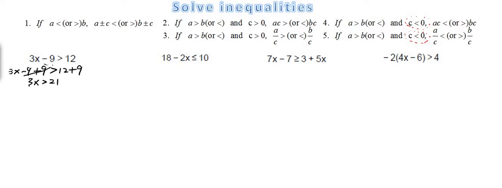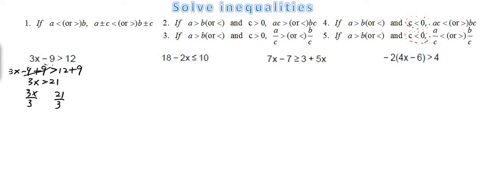Now, here we have coefficient 3. We want to simplify it: 3x divided by 3, and 21 divided by 3 for both sides. Here we know the 3 is positive, so if we divide by a positive number, we will not change the sign.